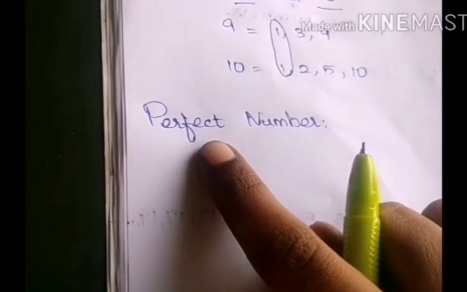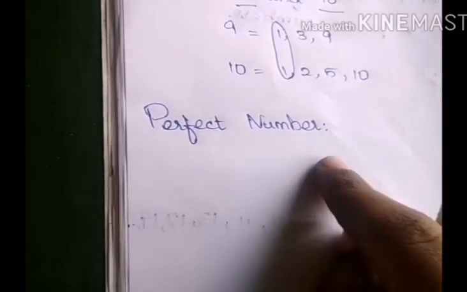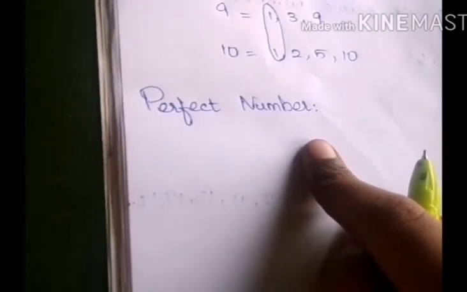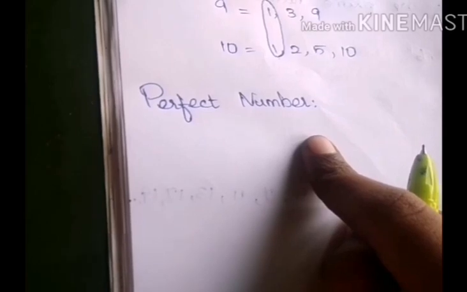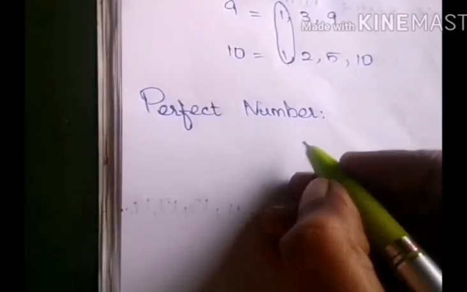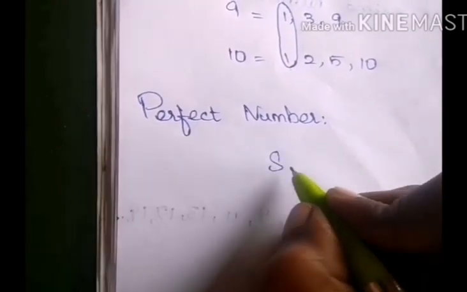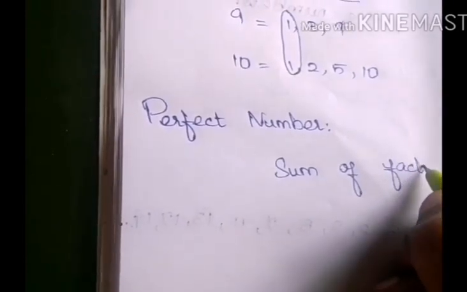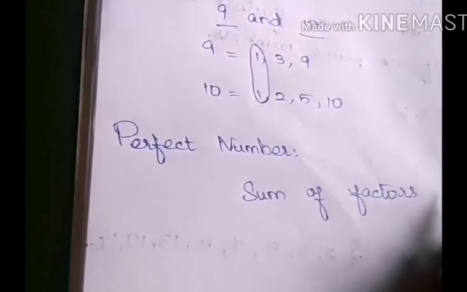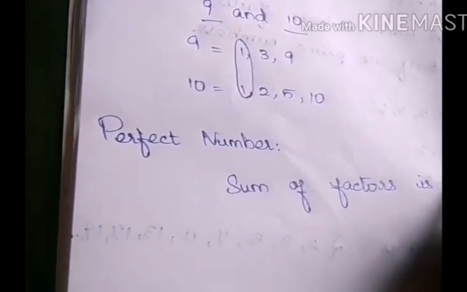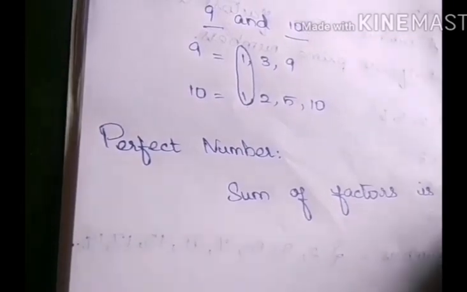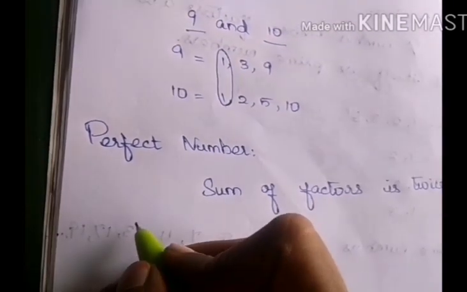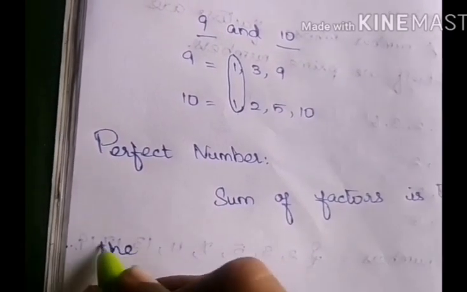Next comes the perfect number. A perfect number is a number whose sum of factors is equal to twice that number. That is, the sum of its factors is twice that of the number.